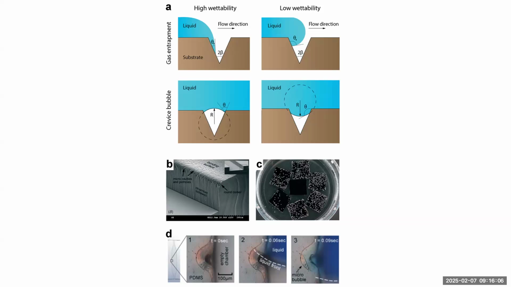Basically, how this happens inside of a microfluidic device, if you look at portion B of this figure, is that most surfaces have micro cavitations in them where air can be trapped when advancing liquid comes over it. These micro Harvey nuclei then grow with increasing heat or decreasing pressure.